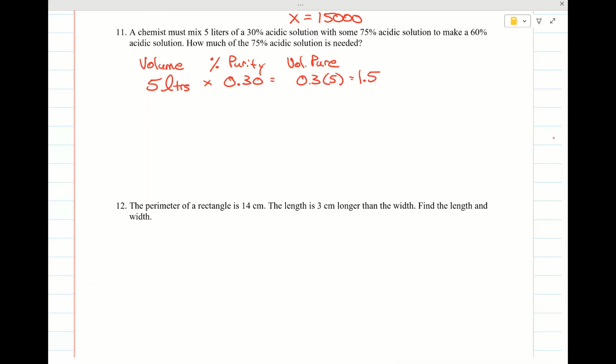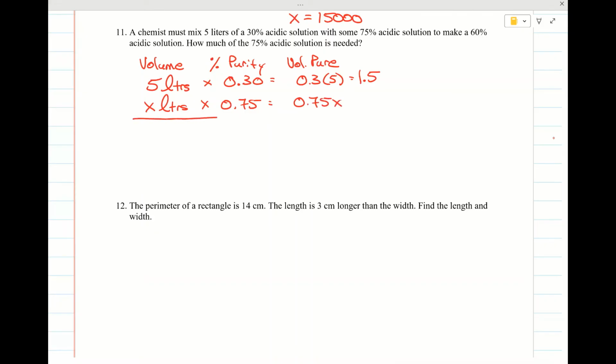The next solution, we don't know how much we have, so we'll use X for the volume. And we're going to multiply that by 0.75 to get the volume that's pure. So this would be 0.75 times X.